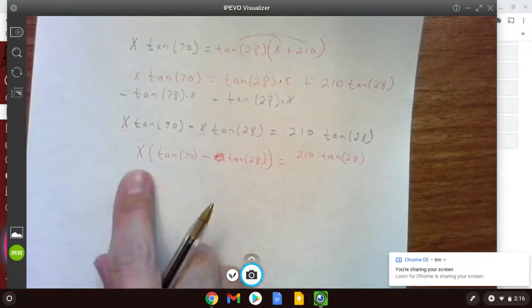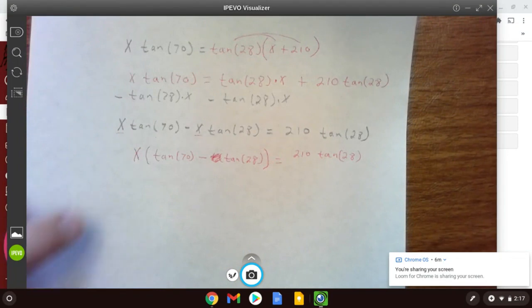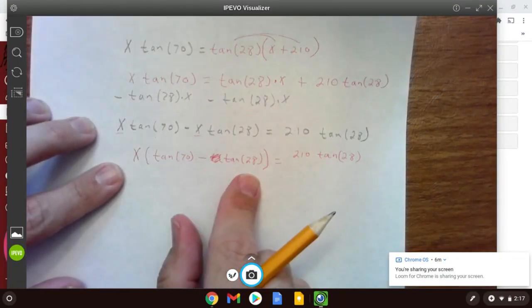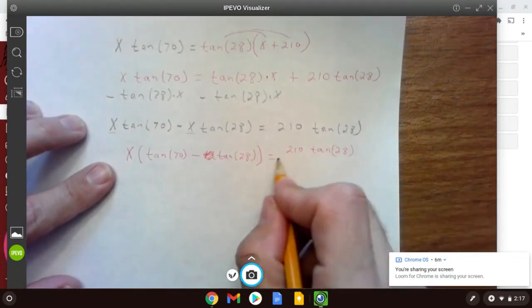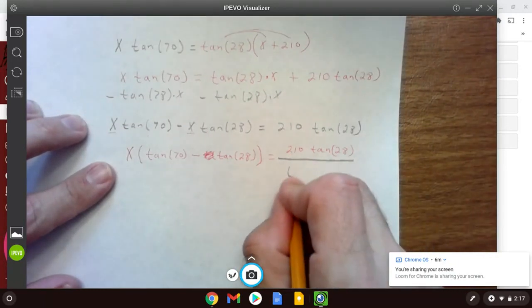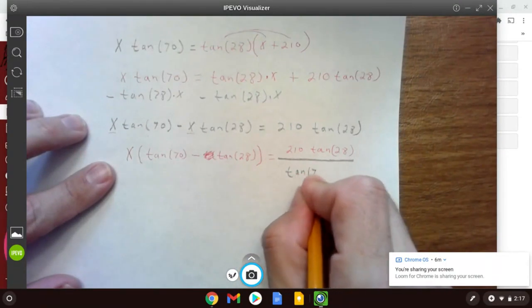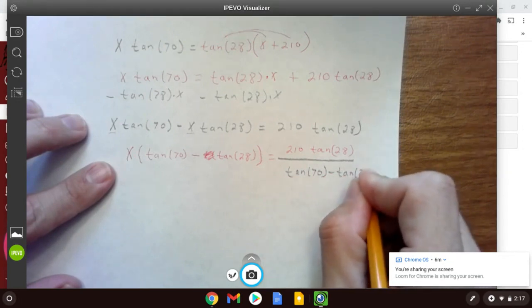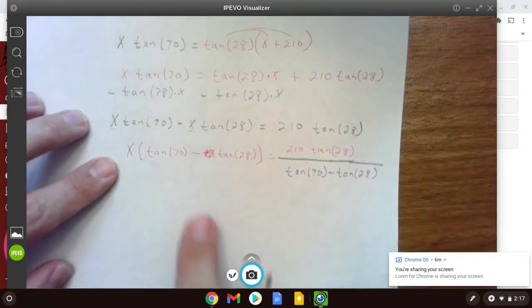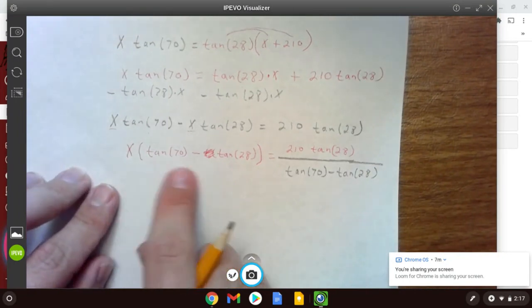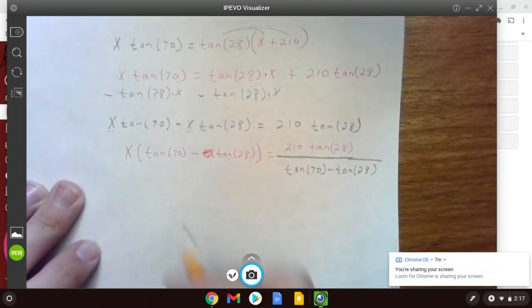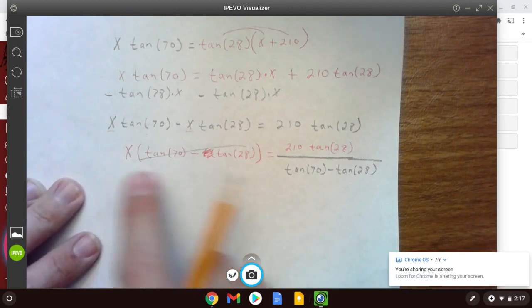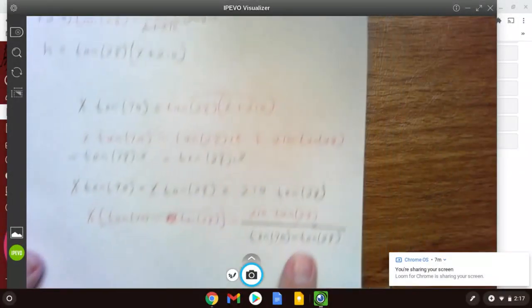And then what we're going to do to solve for x is divide both sides by tan 70 minus tan 28. So when you divide on this side, it just cancels. All right, so you get x equals that.